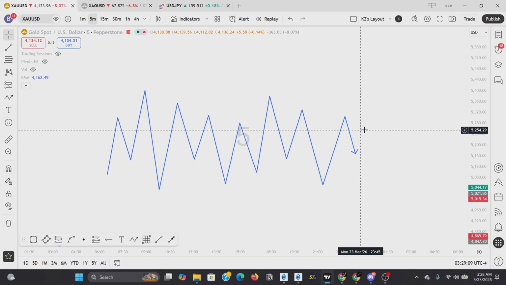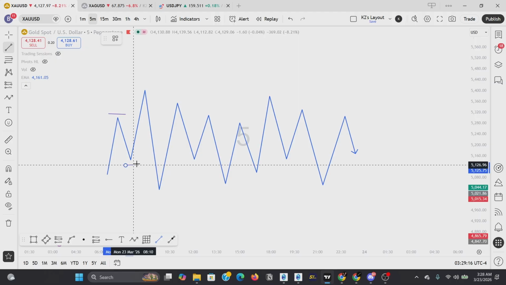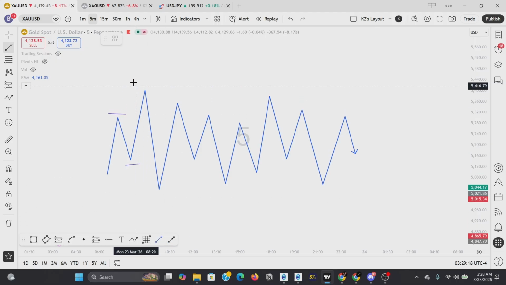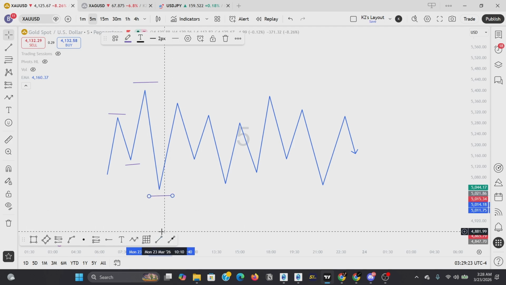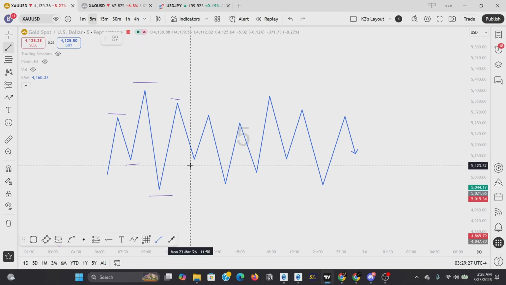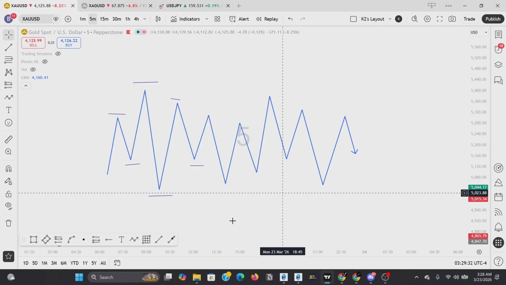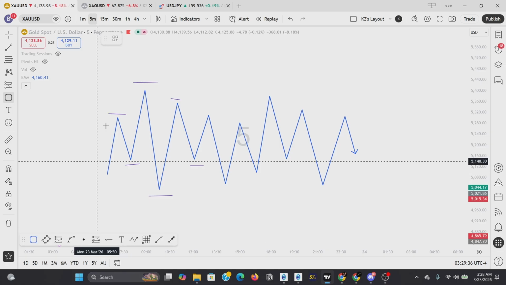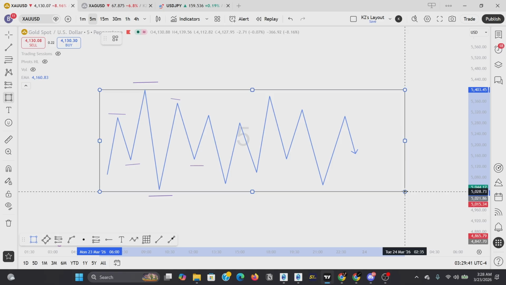When the markets are doing this and you mark your highs and your lows and you realize, okay, it's moving a little weird. Like we have higher highs, lower lows, lower highs, higher lows. Like, what in the world is this? This, I promise you will not have to worry about, because this whole zone right here is consolidation.